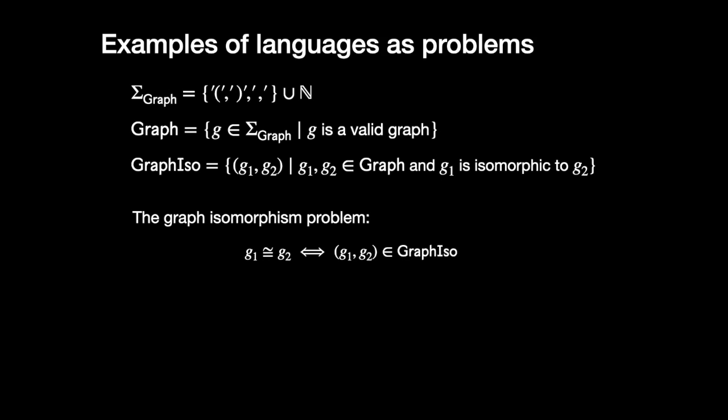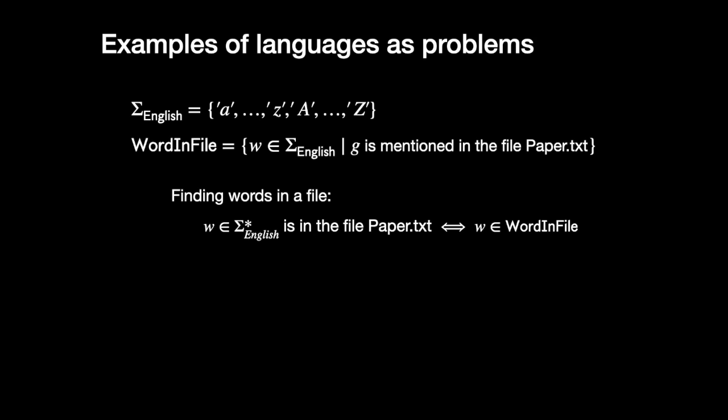Thus, given two arbitrary graphs, G1 and G2, if they are isomorphic, then they are members of graph iso. We can also ask more familiar computational problems. This problem asks if a word is mentioned in a file called paper.txt.